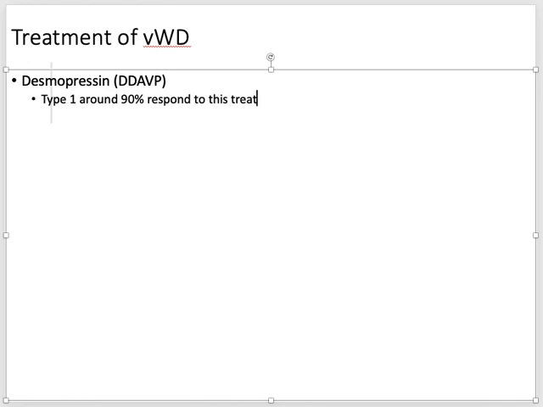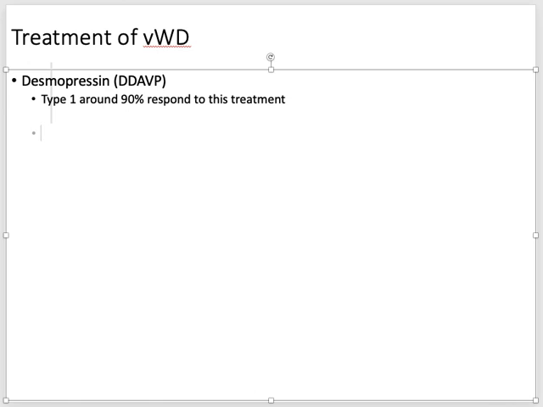Okay, why? Because when we give this drug, desmopressin, it releases von Willebrand factor and factor 8 from endothelial cells. That is the only thing. When we give DDAVP to the patients, it releases von Willebrand factor and factor 8 from endothelial cells.